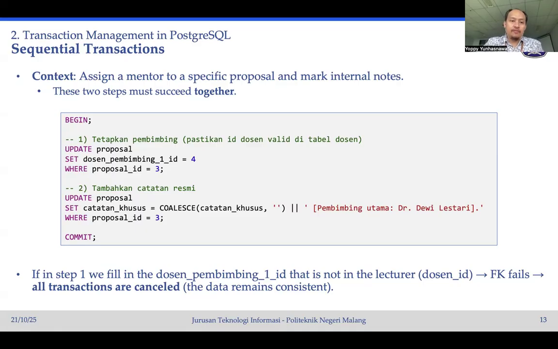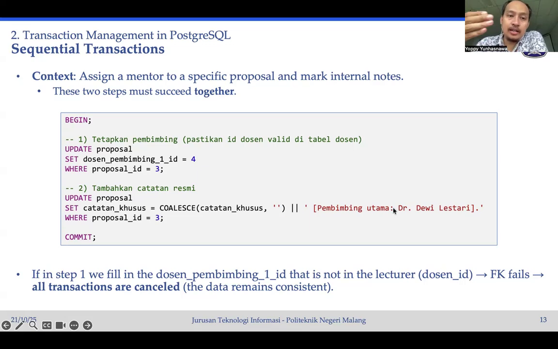If the first operation fails, meaning the proposal with ID 3 is not successfully given any supervisor because we don't have supervisor number 400, but the second operation succeeds, we put in the notes that the supervisor for this proposal is Dr. Dewi Lestari, for example.